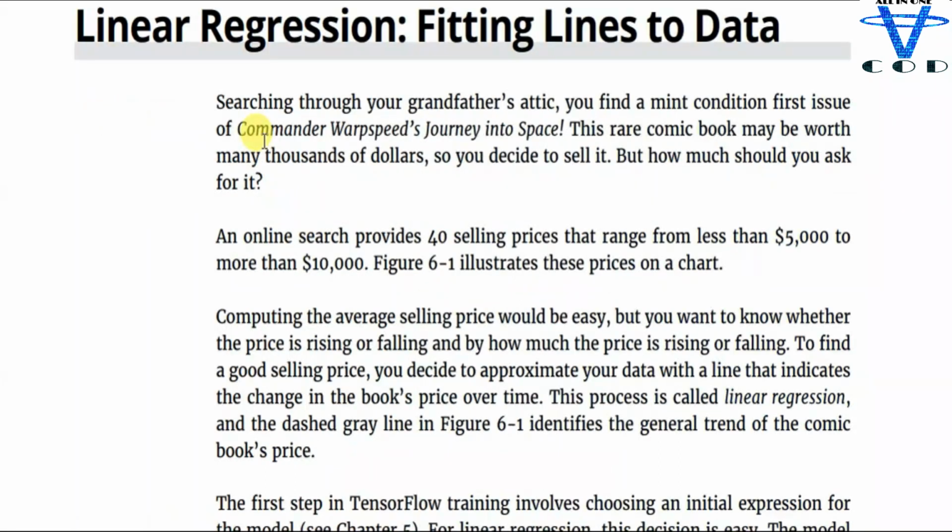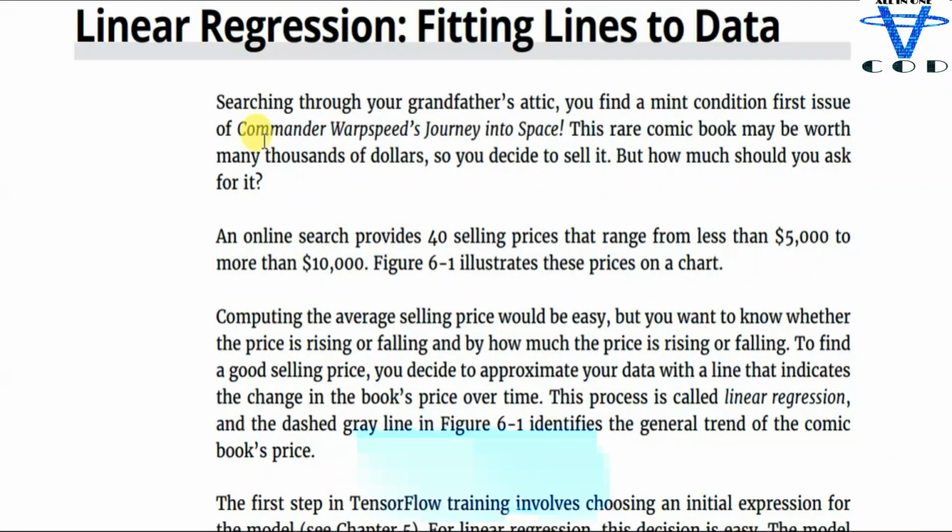Linear regression, fitting lines to data. Searching through your grandfather's attic, you find a mint condition first issue of Commander Warspeed's Journey into Space. This rare comic book may be worth many thousands of dollars, so you decided to sell it. But how much should you ask for it?